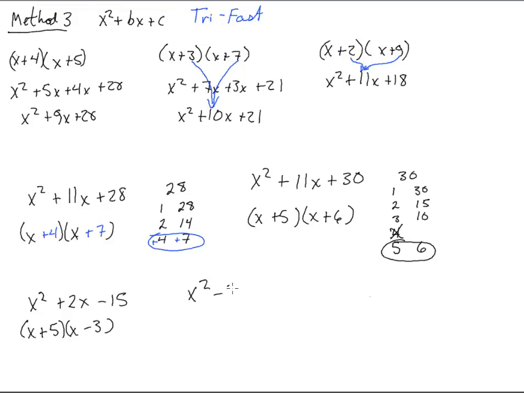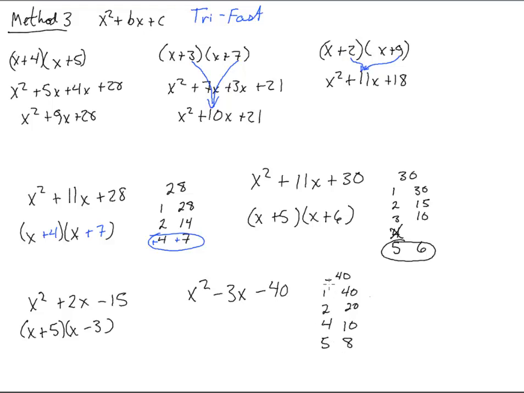Let's do another one like that. X squared minus 3x minus 40. And you look at that, and again, I'm going to put a negative 40 over here, and let's write down the factor pairs that would work. 1 and 40, 2 and 20, 3 doesn't work, 4 works, 4 and 10, 5 and 8. Oh, now those will add.